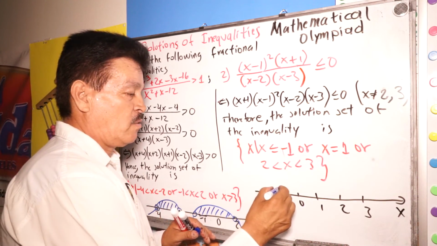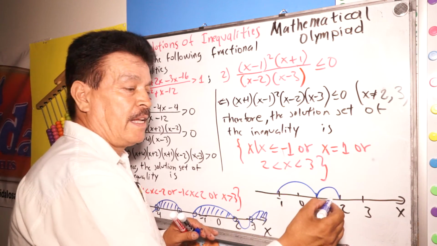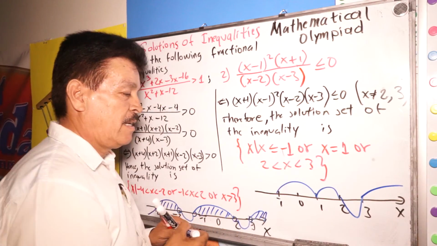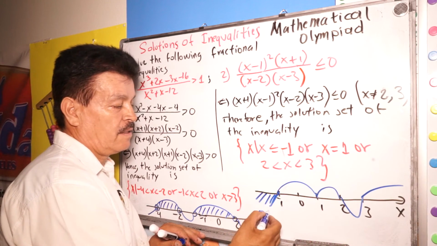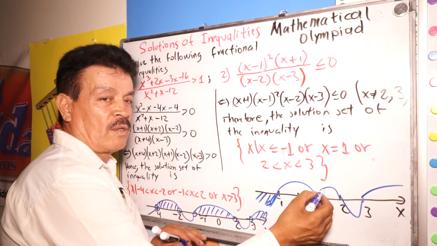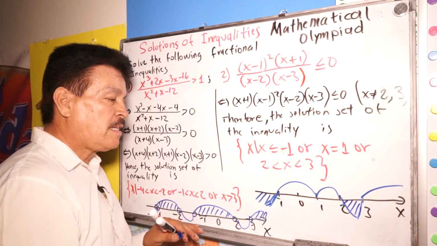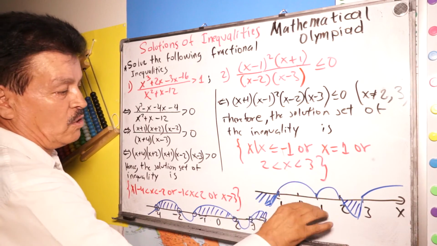From negative 1 right here, and then 1, and then 2, and then I hit down, and then over there. So the color is this area. Color in this area, this one. That's it. The inequality looks like this in the graph.